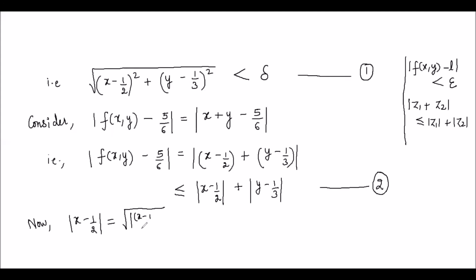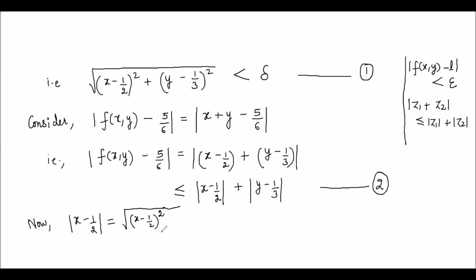There's no need to write mod if we are considering it in the form of square root of (x minus 1 by 2) square. It is very clear that when we take the square root, we get x minus 1 by 2. If I add something positive within the square root, then this equality will be converted into an inequality.